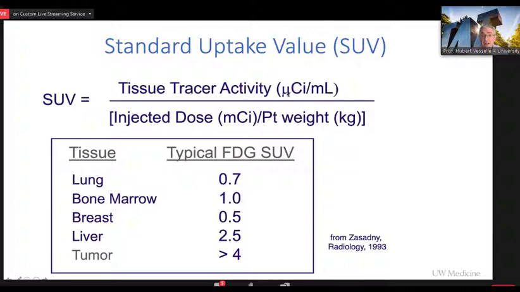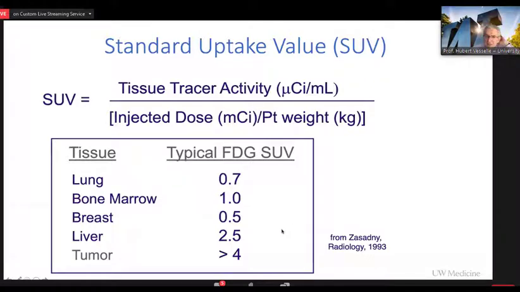So every voxel, we know the concentration of radioactivity. And if we divide that by how much we injected in the patient, let's say 10.5 millicurie, and also the body weight of the patient, we're normalizing this so that we can compare across patients getting slightly different dose or having different weights. This is called an SUV, also known as standard uptake value.